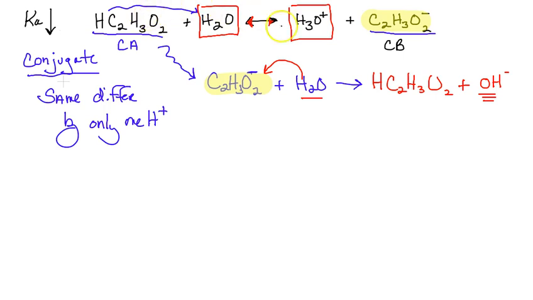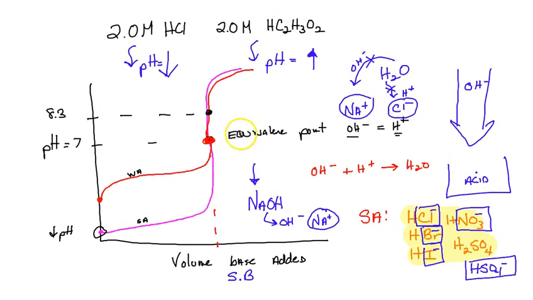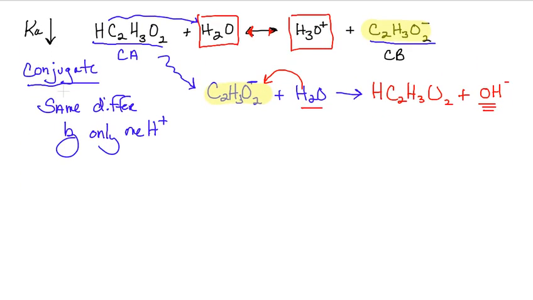But the big difference here is that at the equivalence point, let's go back here, at the equivalence point of a weak acid, strong base scenario, the pH is greater. Well, why is the pH greater? Well, when all the acetate ion, or acid here, reacts with the hydroxide, let's do something called a stoich table.